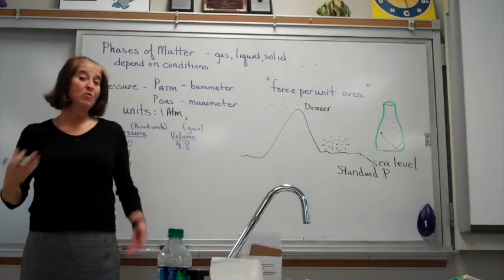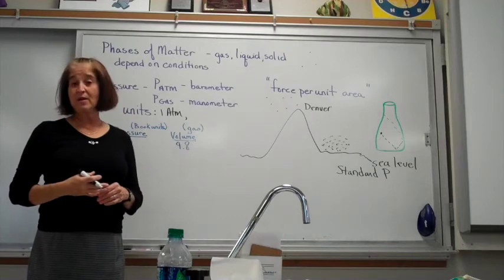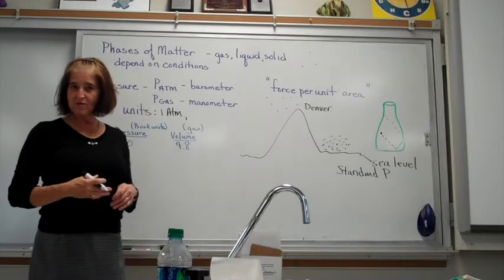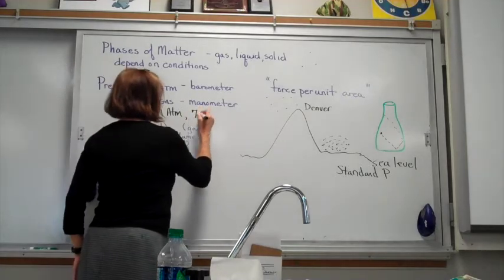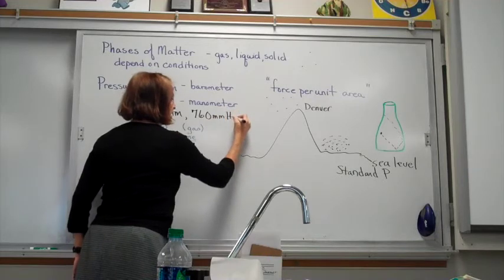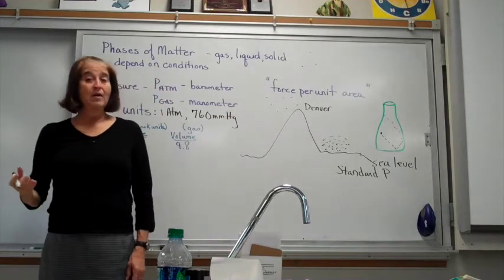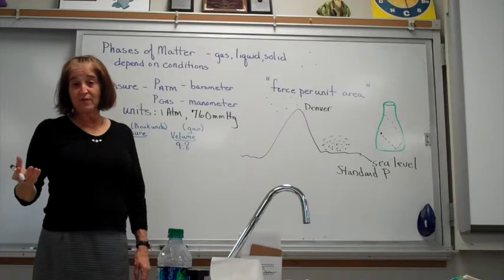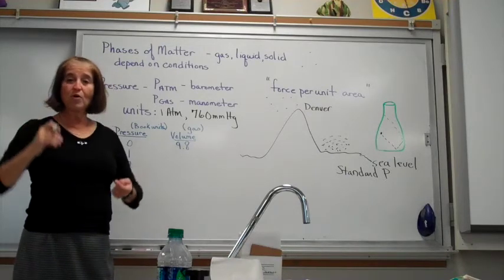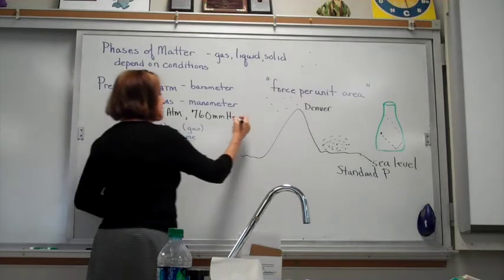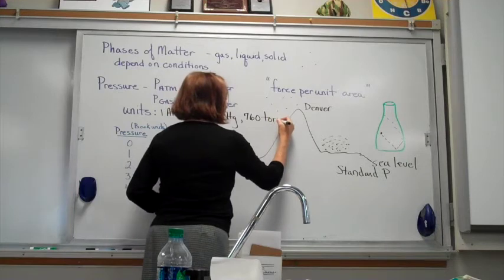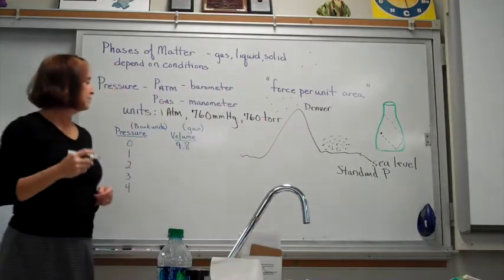But maybe you don't want to measure in atmospheres. Maybe the information you're being given is given to you in millimeters of mercury. It is 760 millimeters of mercury for standard pressure. There was an Italian physicist back in the 1500s, Torricelli. He did a lot of work with pressure, and so this is also 760 torr, after the Italian physicist.